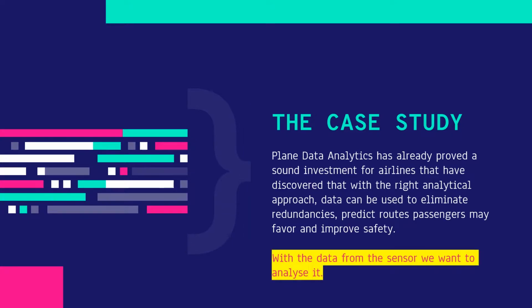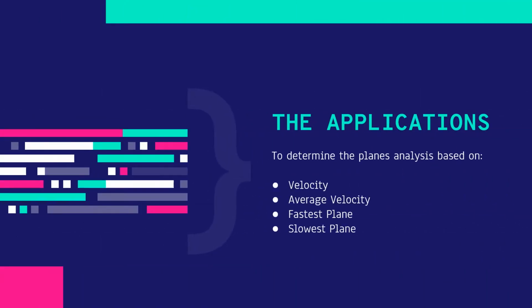So with that, we are trying to use the same concept with data from the sensors, and we want to analyze it using our program. The goal is to determine plane analysis based on the velocity, average velocity, fastest plane, and slowest plane.